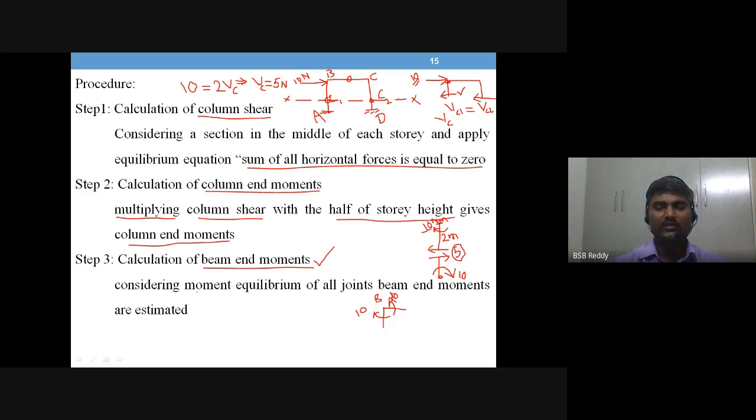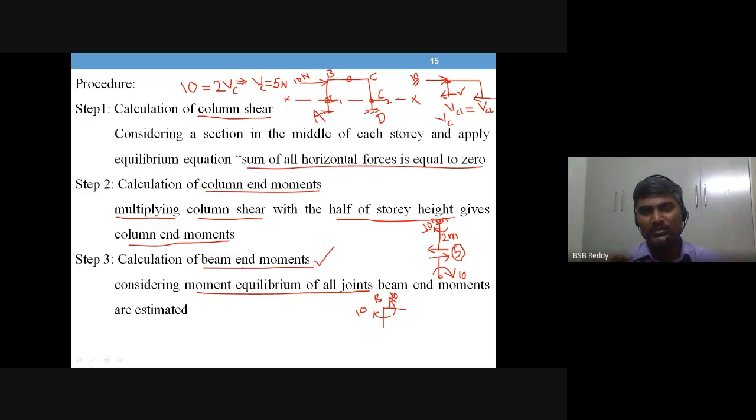So considering moment equilibrium of all joints, all such joints like joint B, joint C, likewise, if it is a big structure, if you take the frame, then you have many more joints and you will work out all those joints. So this is the step 3 calculation. Remember, you have started from the assumption.